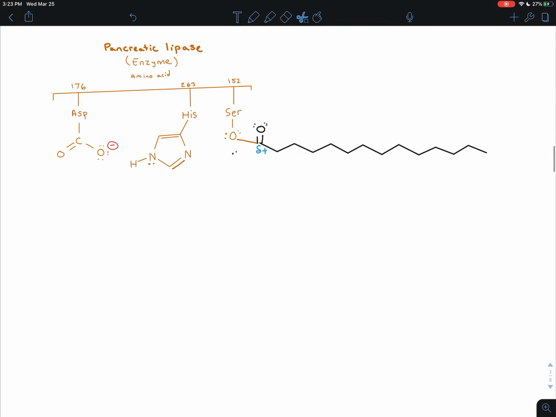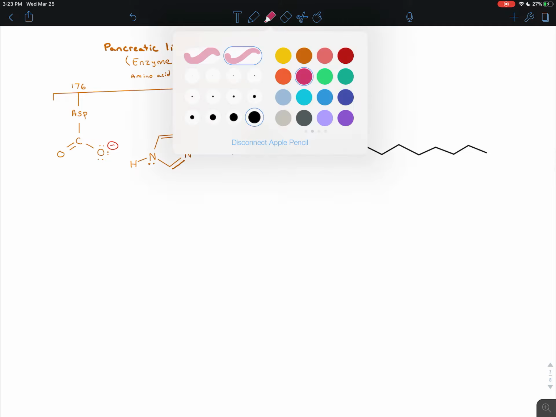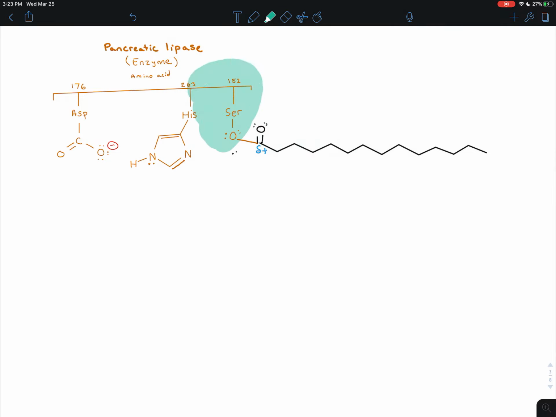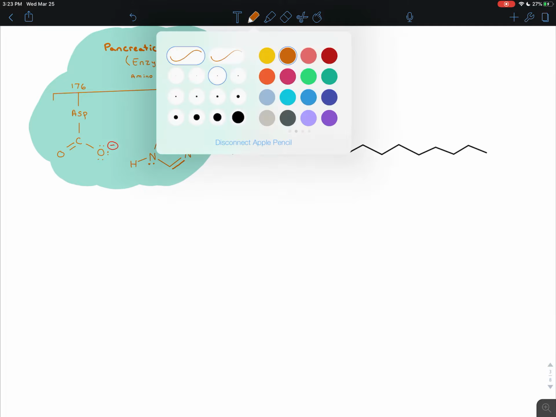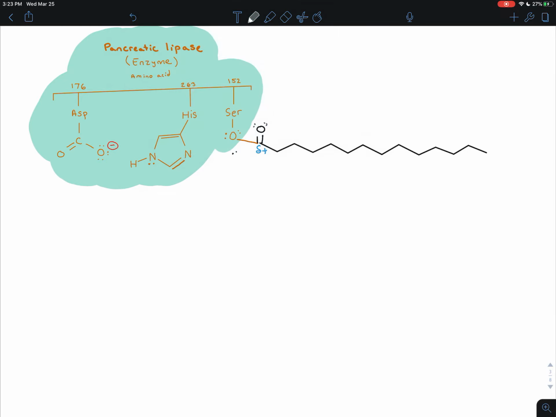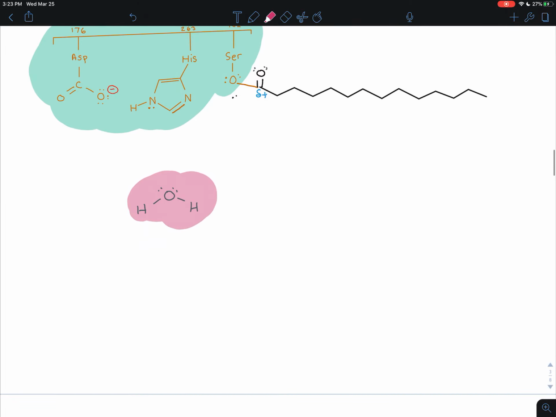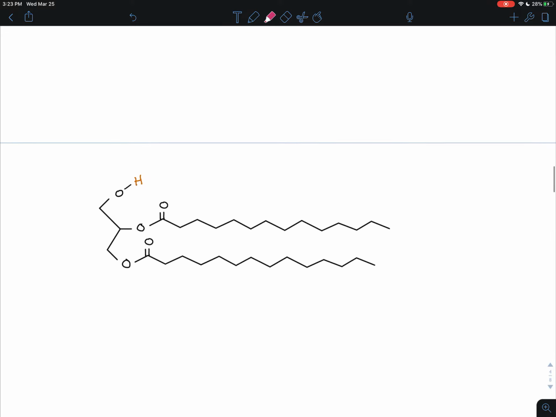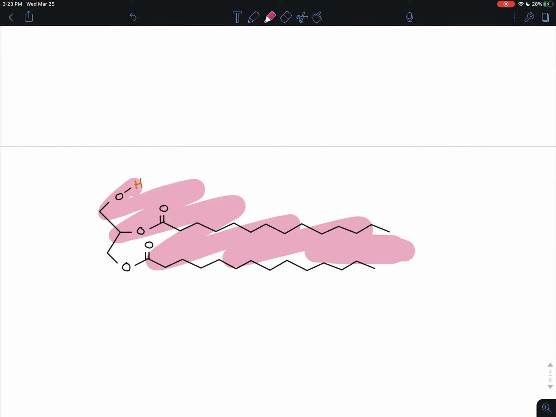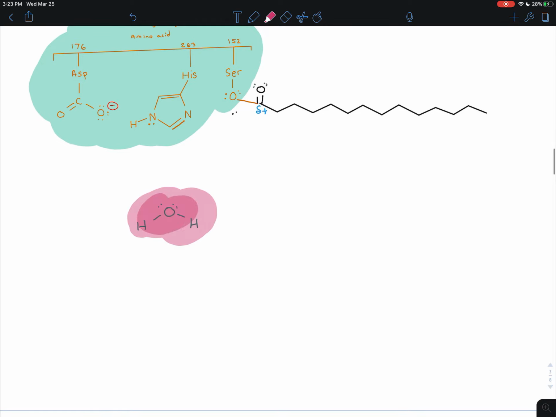We're going to do that through another nucleophilic acyl substitution, but now it's going to be the enzyme that's the leaving group, and the nucleophile that's going to switch places with it is going to be an OH from water. And so this is the hydro of the hydrolysis part. It's a hydrolysis reaction because we're breaking this apart, lysis, and it involves water, so it's hydrolysis.